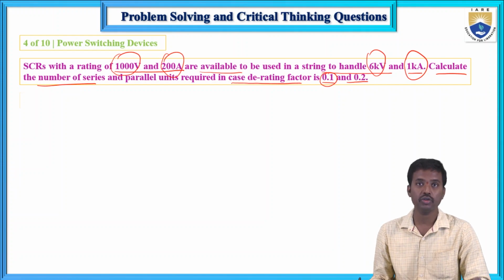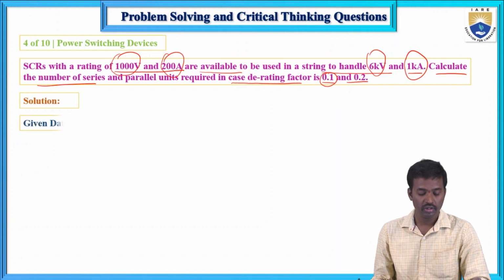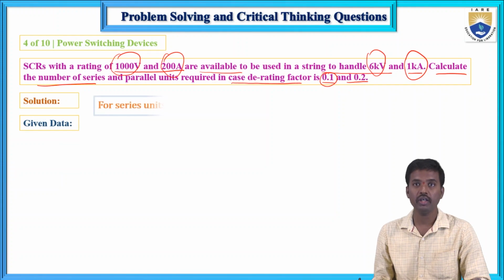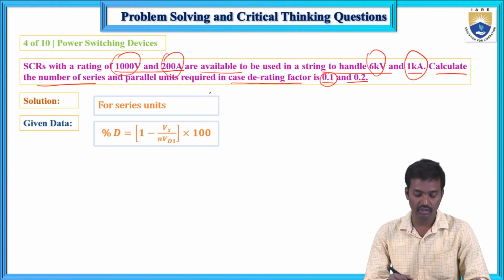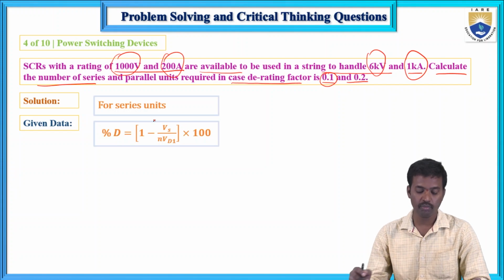So now calculate. Given data, solution, and what is the formula here for the series case? The derating factor equals 1 minus Vs by N into Vd1, into 100. So now it is in percentage.